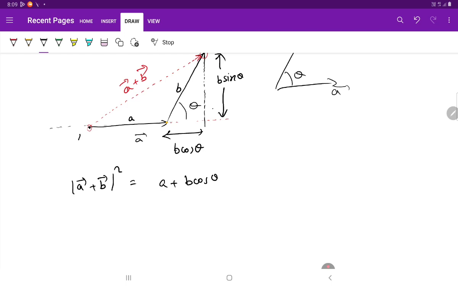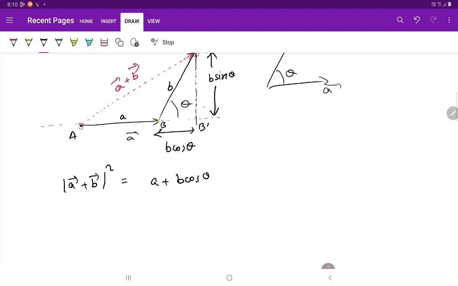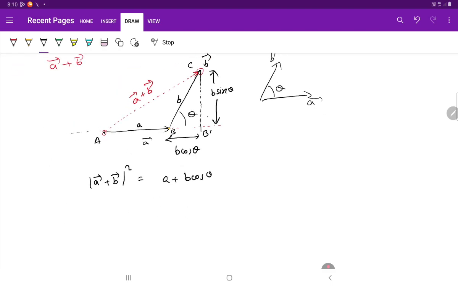Suppose this is a triangle A, B, and C, and this point to be B dash. So we can say by Pythagoras theorem that AC, which is A vector plus B vector, AC square is equal to AB dash square plus B dash C square. Now AB dash is A plus B cos theta whole square plus B dash C is B sin theta square.